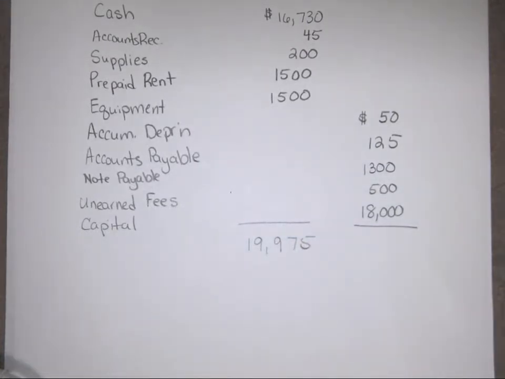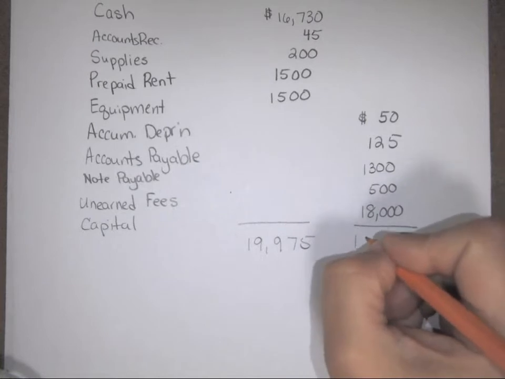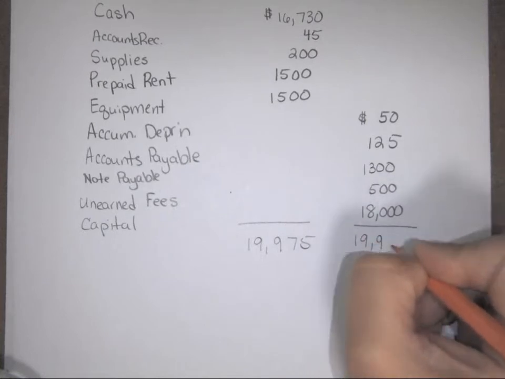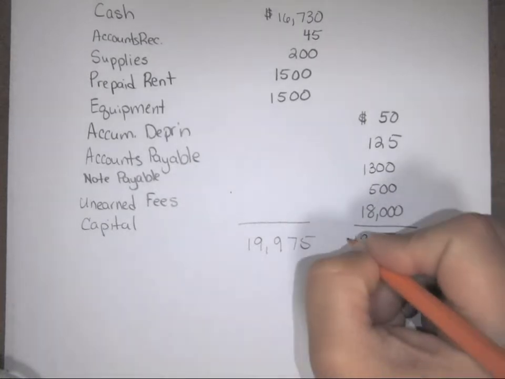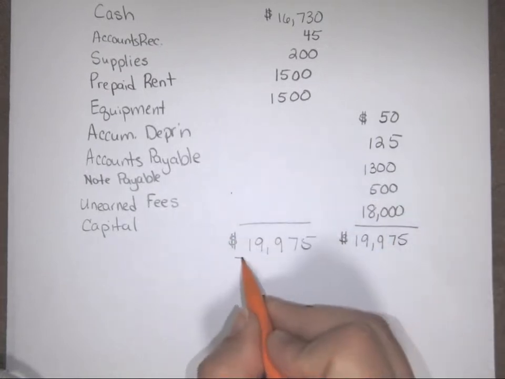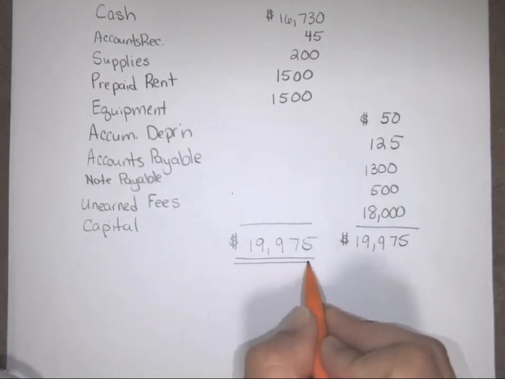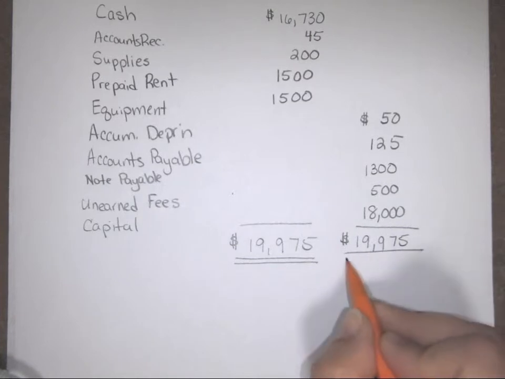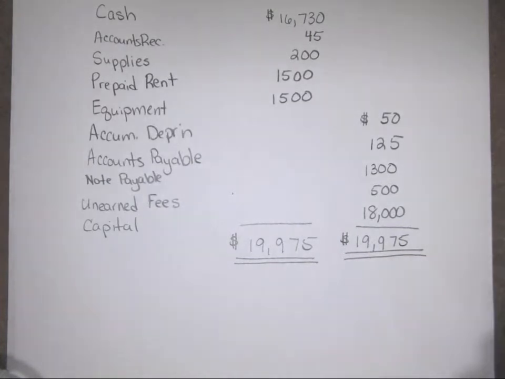So we have 50 plus 125 plus 1,300 plus 500 plus 18,000. And that also gives us 19,975. These do need dollar signs in front of them because we are totaling those out. It finishes up the statement, so we need a double underline.